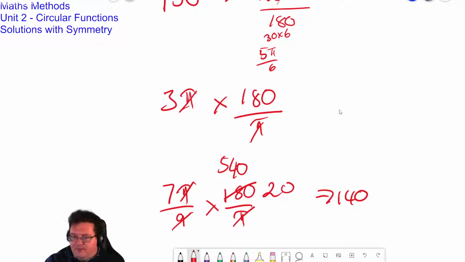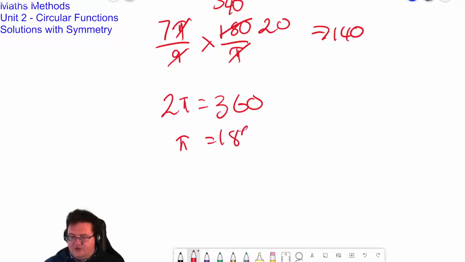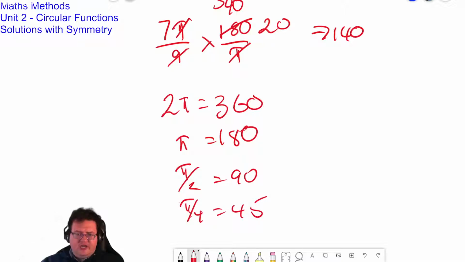If you can remember the important thing that 2 pi is equal to 360, which means that 1 pi is 180, which means that pi on 2 is equal to 90, so pi on 4 is 45. You can run through the conversions pretty quickly.